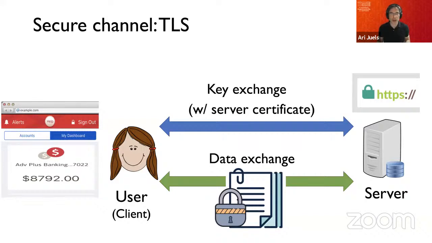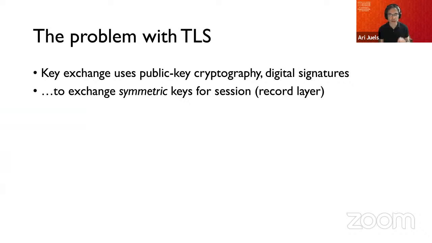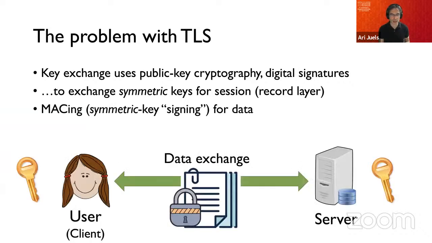But with all of this cryptography at play, and particularly public key cryptography, it would seem like Alice should somehow be able to construct a proof for Bob. The problem is that although the key exchange in TLS makes use of public key cryptography, the exchange of data in the record layer makes use of symmetric key cryptography. In other words, Alice and the bank actually share the keys that are used to secure the data.